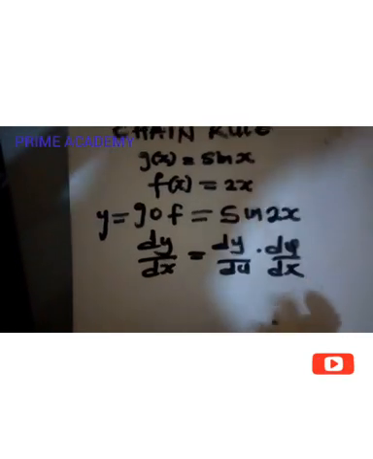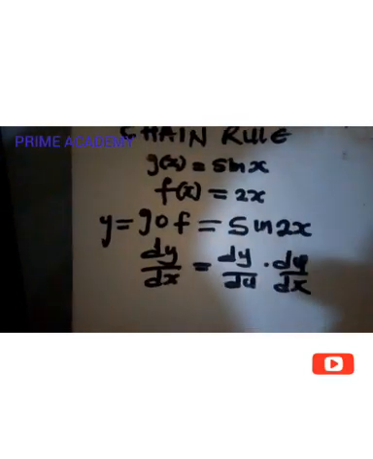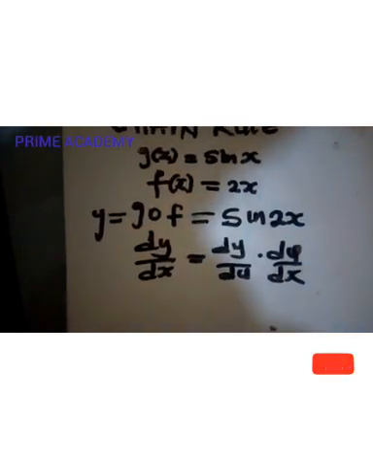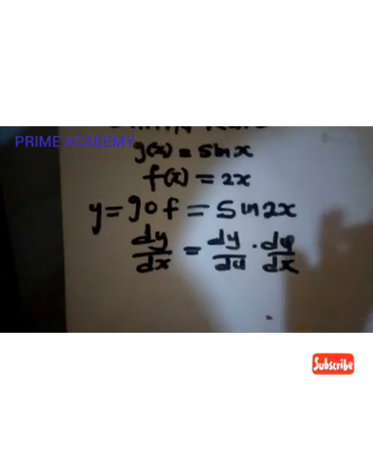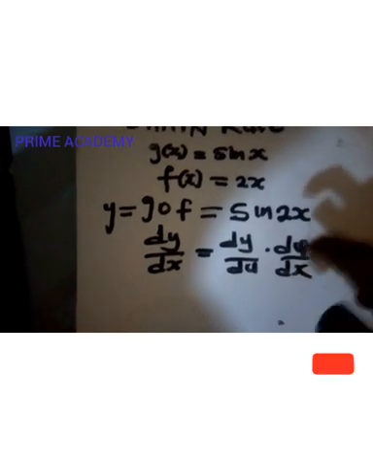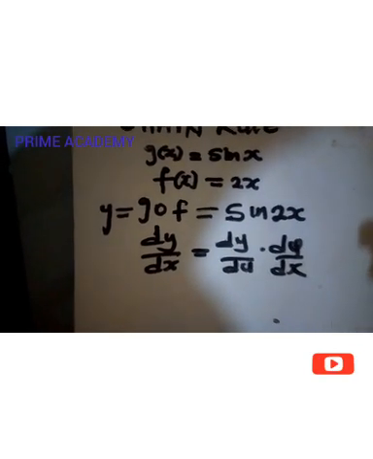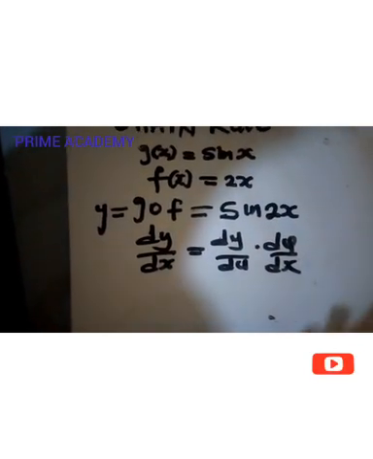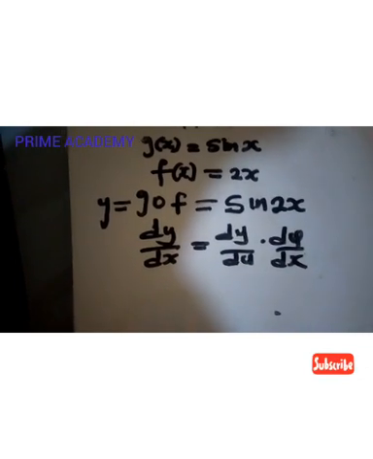Now, the simple rule in solving a function of function is your ability to identify the inner function. Looking at this, the inner function here is 2x. For chain rule, you start differentiating from the inner function.